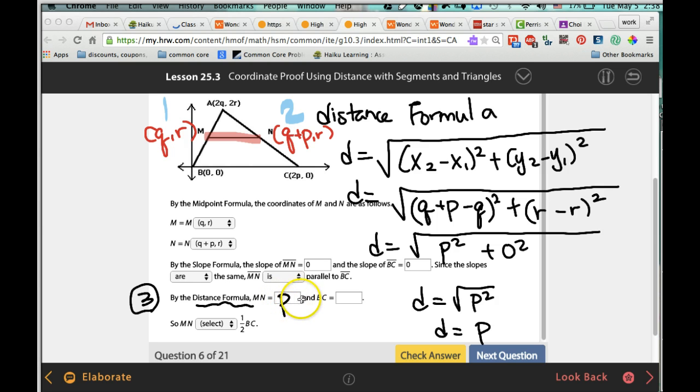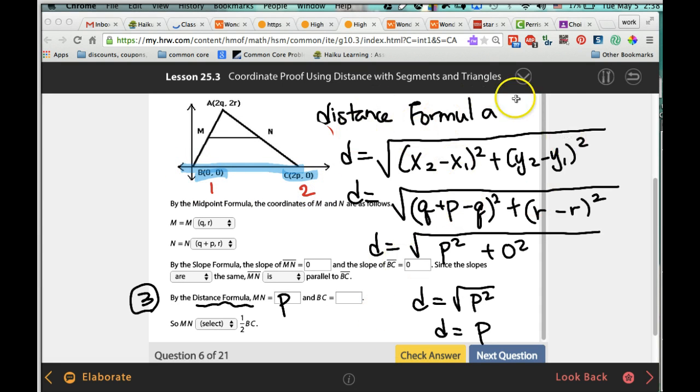Now I want you to go ahead and calculate the distance, okay, of segment BC. In order for you to do that, I'm going to erase this part because you don't need that. You're going to need this line over here, right? And these coordinates. And I'm going to say that this is group number 1 and this is group number 2.